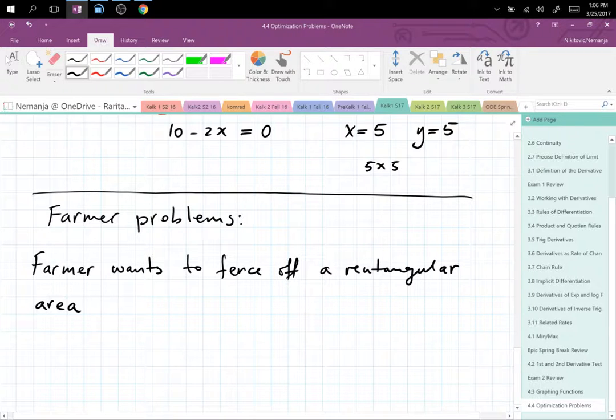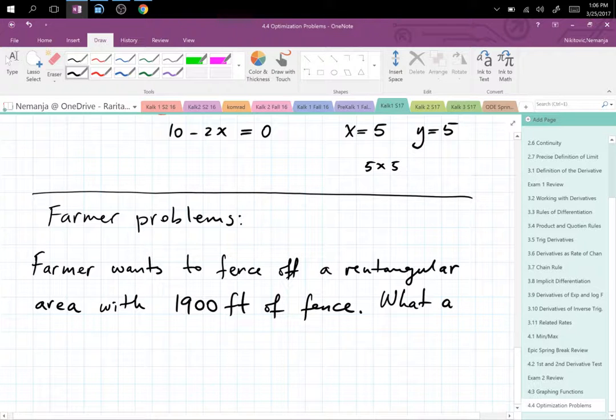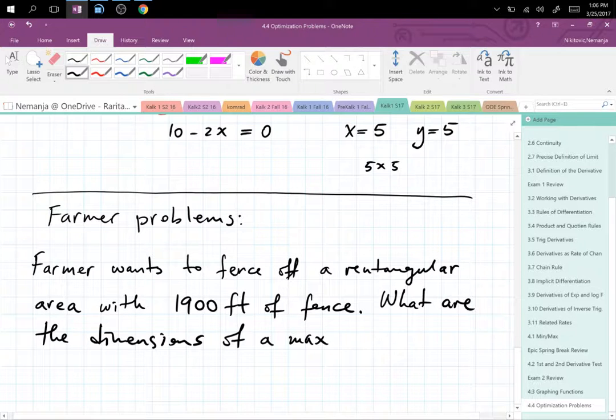Rectangular area with 1900 feet of fence. What are the dimensions of a max region?